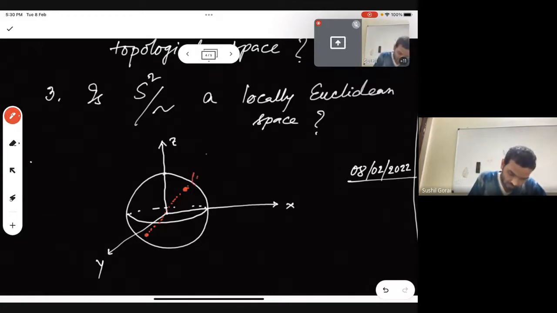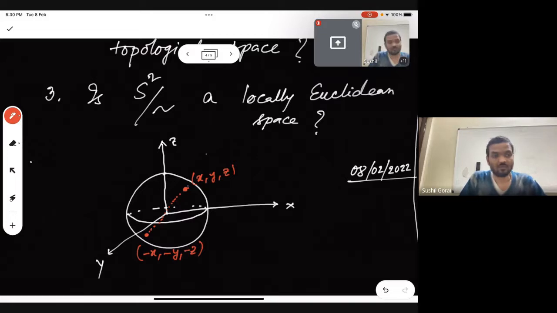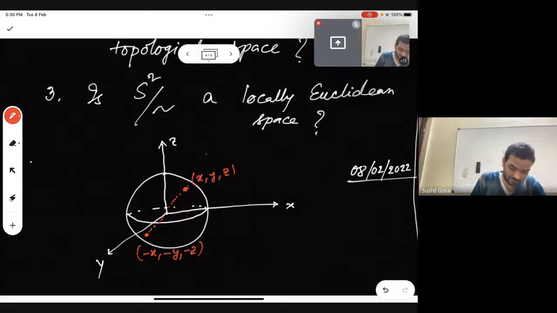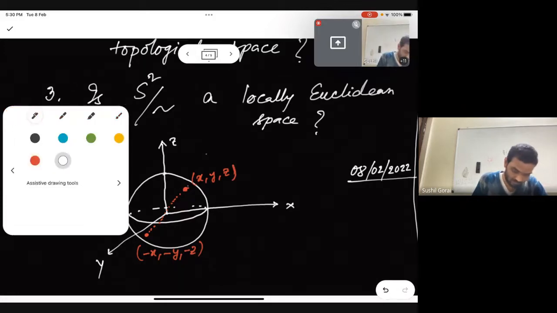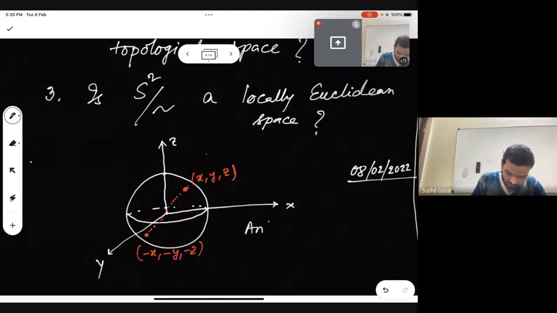So this point is the point x, y, z, and it is identified with the point minus x, minus y, minus z. This is called the antipodal point of x, y, z. This is the antipodal identification.